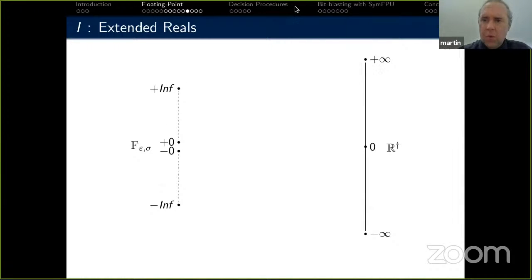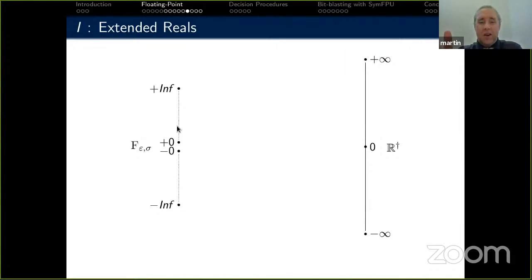So that's kind of our guiding principle of how this should work. What we have is the level 1 formalization, which is the extended reals. So this is reals plus an infinity at either end. And then we have the floating point numbers. Each one of those is a bit string.